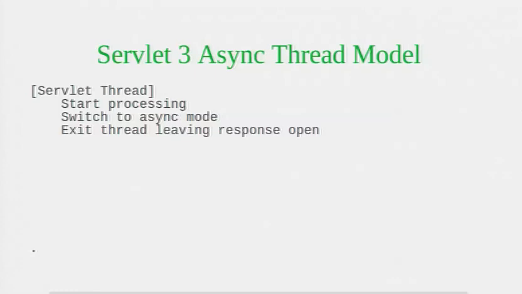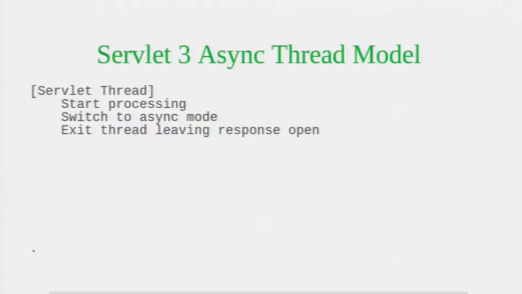So we are going to switch to async mode, and I'm not covering specifically the API mechanics of doing that. I think there's a lot of information on that out there, and it's less interesting than getting the concept here. We indicate it through the HTTP servlet request. You say start async, and that indicates you're switching to asynchronous mode.